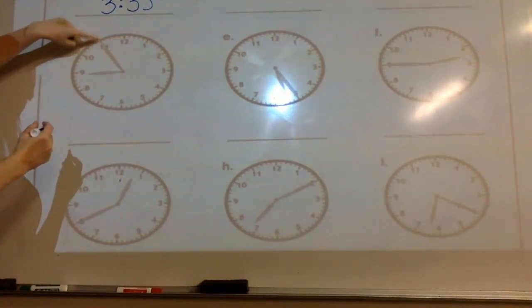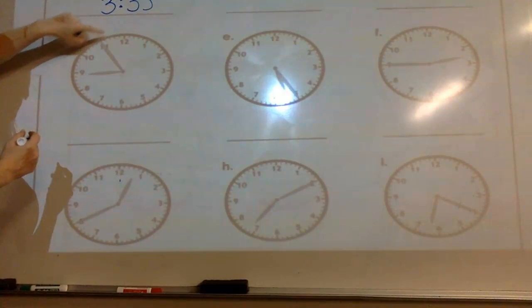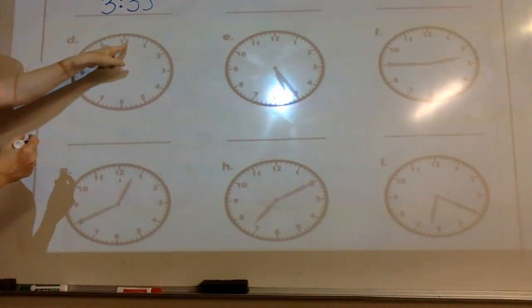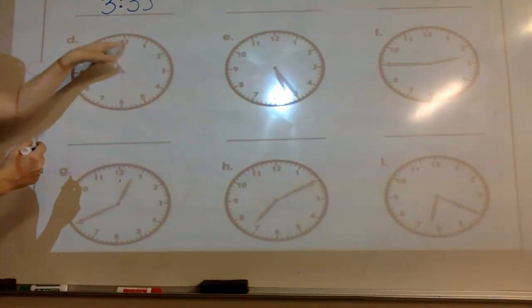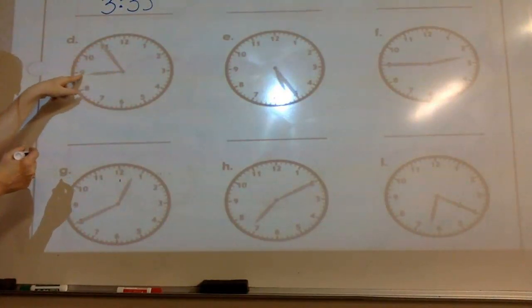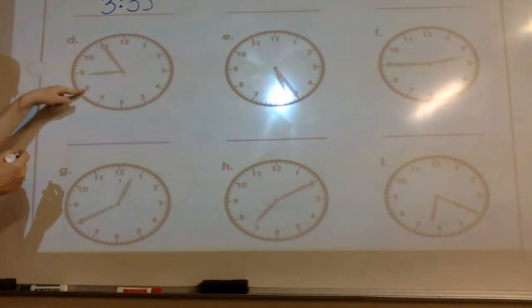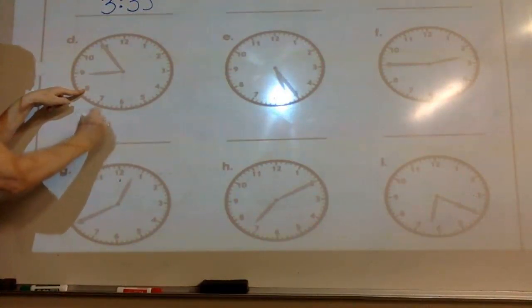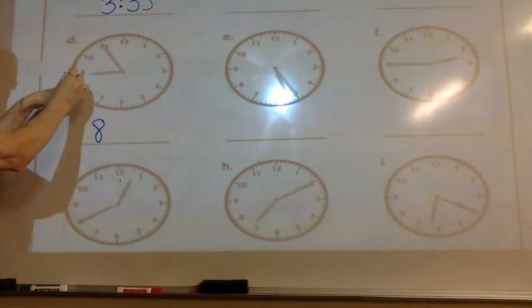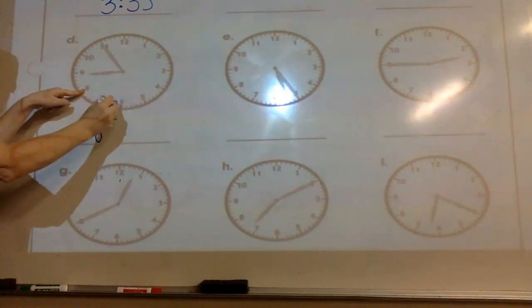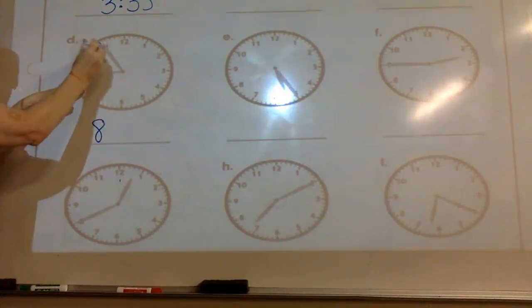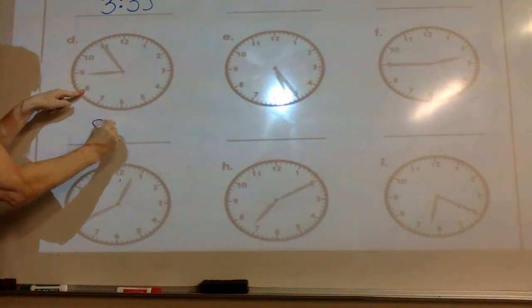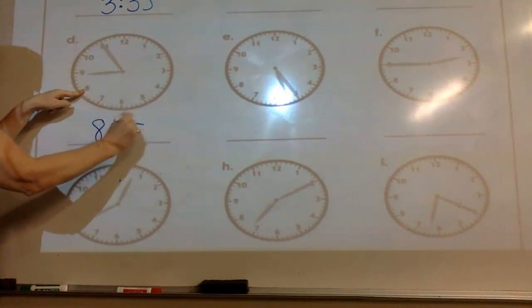The minute hand is definitely in the danger zone. It's before the 12. It's only 5 minutes before the 12. So even though it looks like it's at 9, it's really only 8, really high in the 8s. This is 30, 35, 40, 45, 50, 55. 8:55.